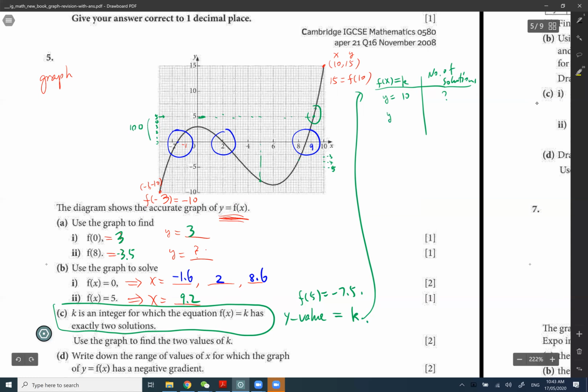If y value equals 15, how many answers? If y value equals 4, how many answers? If y value equals negative 10, how many solutions? That means how many x values make y 10?